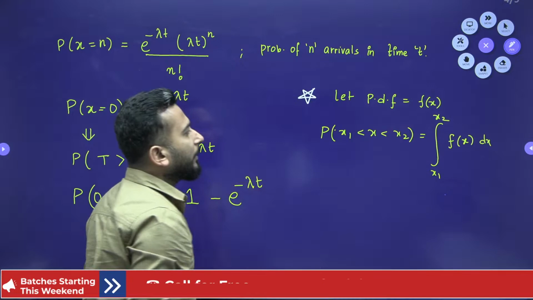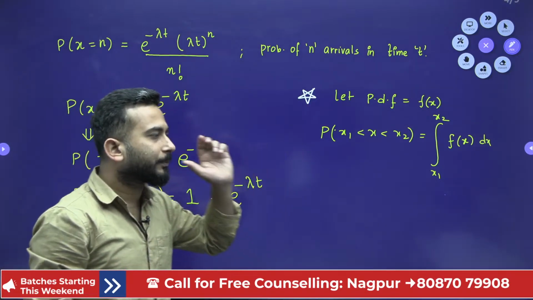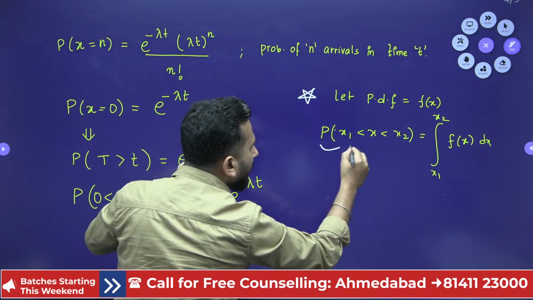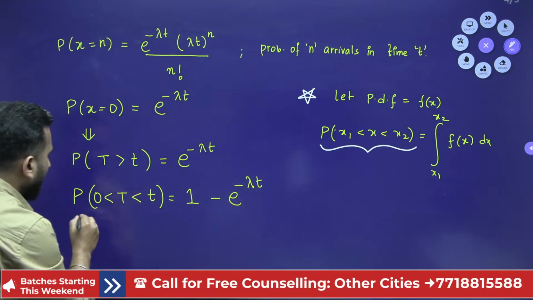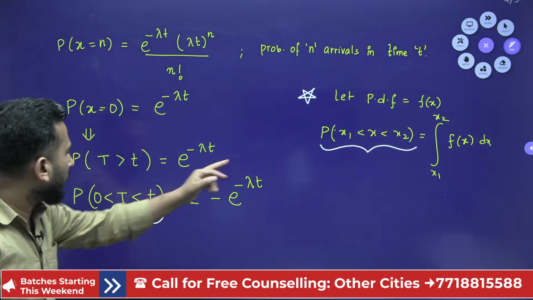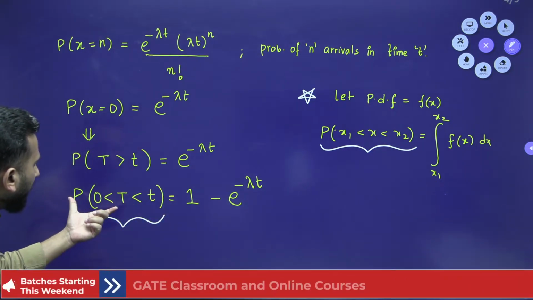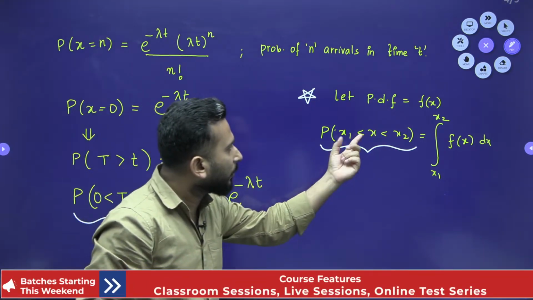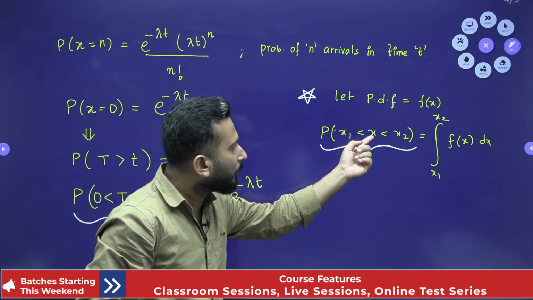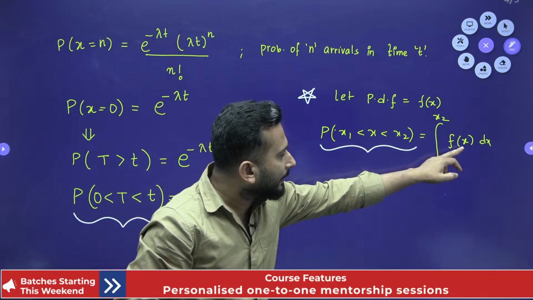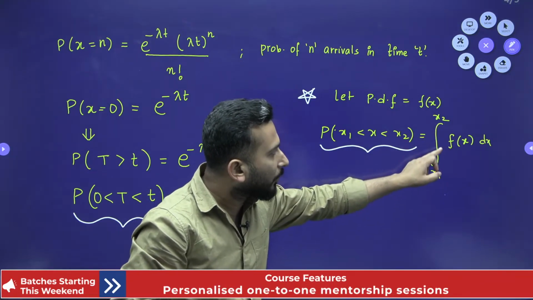Then only we will be able to get the probability. Don't you think here also I'm finding the probability that time is between 0 to t, and here it is giving you the probability for x between x1 to x2, which is nothing but the integration of the density function.